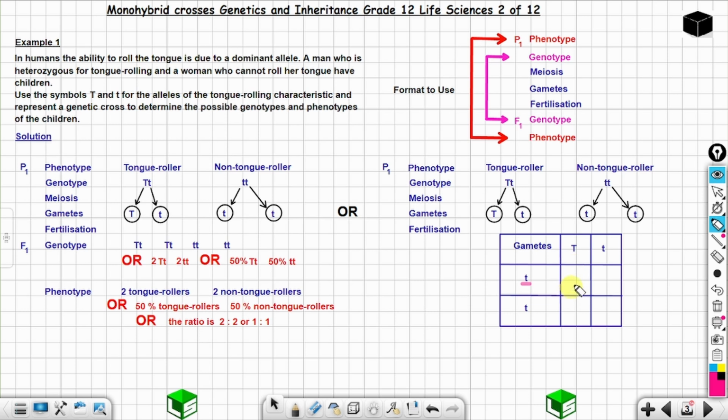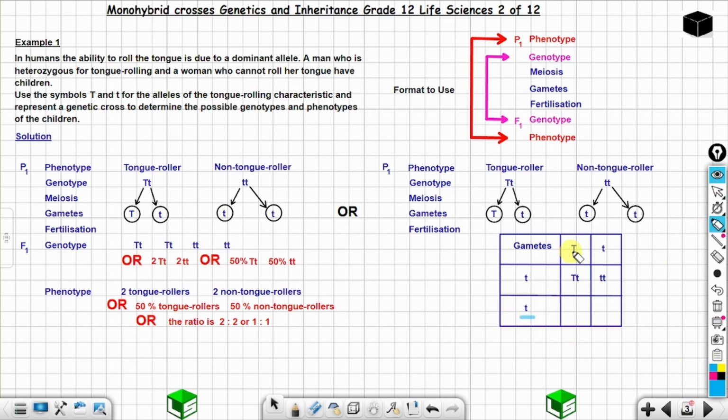Okay, always write the dominant allele first. Okay, so you are done with this. You are going to take this, you cross with this one, you are going to have this. Okay, you are done with this. Now you are going to use this.